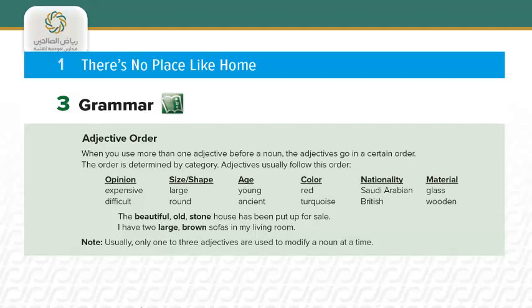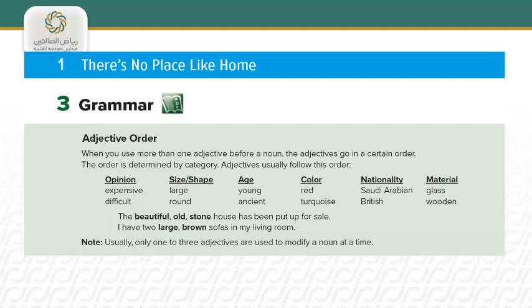صفة الرأي هذه شباب. جات أول شيء beautiful and then old اللي هي العمر. طب واحد يقول لي ما حطيت السايز. It's not necessarily مش بالضرورة أبدا that all these adjectives are found in one sentence. بالعكس, it is said that زي الملحوظة اللي في الأخير دي بتقول لك only 1 to 3 adjectives are used to modify a noun at a time.